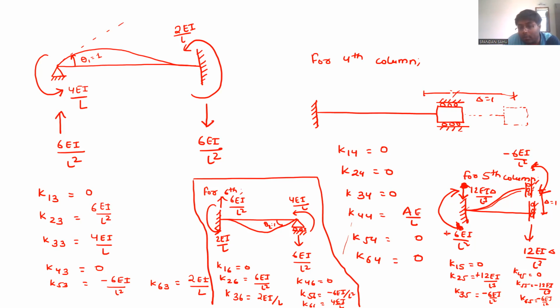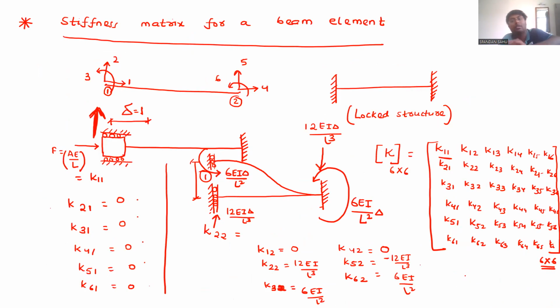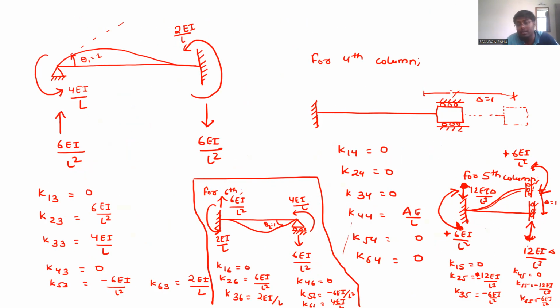Now you have to state it here plus, but while writing you have to write it minus because it is against your coordinate direction. This will be 12EI delta by L cube downward and this will be 12EI delta by L cube upward. Then delta is 1. So downward means here it will be minus because it is against your second coordinate, and this will be plus.